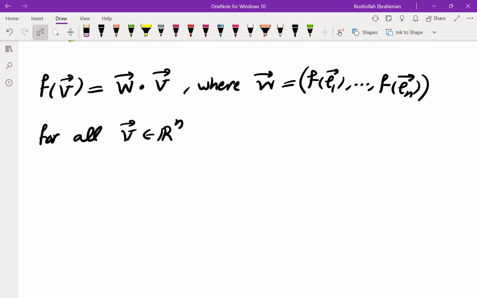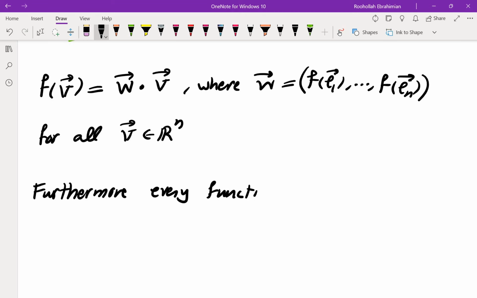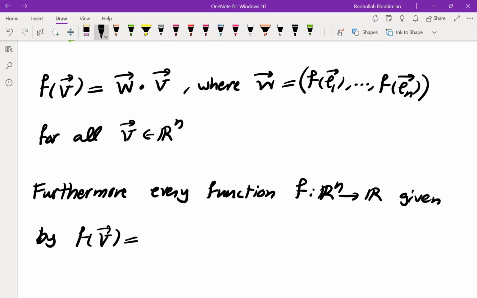So furthermore, every function f from Rn to R given by f of v equals w dotted with v is linear.